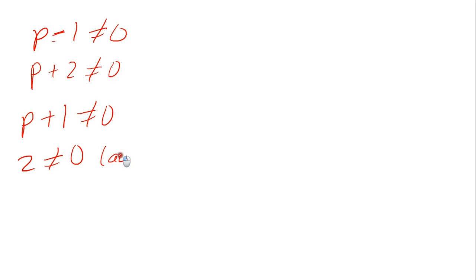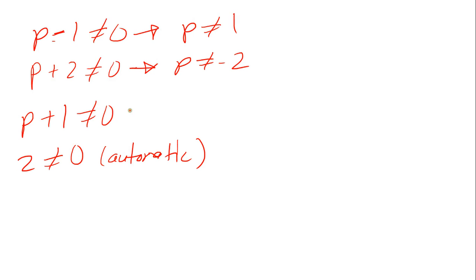This is, yeah, that's pretty much automatically satisfied. And then, so this means that p is not equal to 1, p not equal to minus 2, and p is not equal to minus 1.